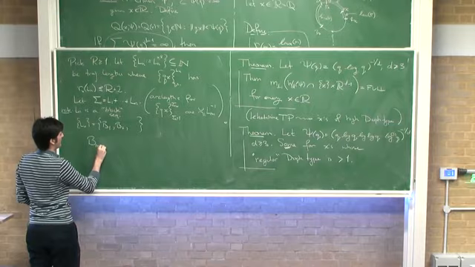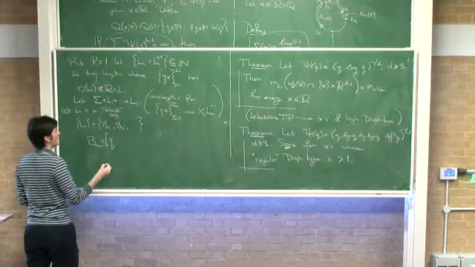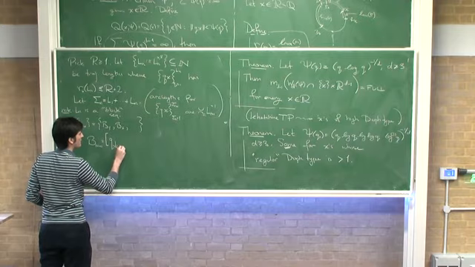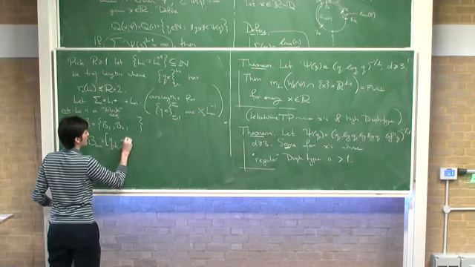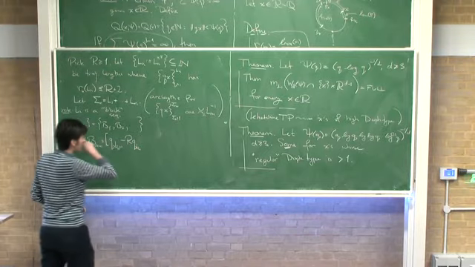The block B sub m plus 1 starts at q sub k sub m plus 1 minus r q sub k sub m.